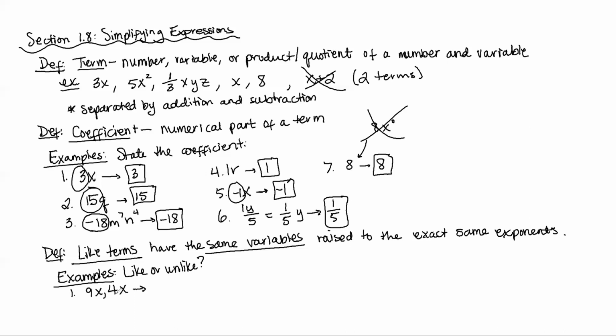Even if they have different coefficients, because the x's are exactly the same, then we have like terms. Number 2, if we're given negative 8y cubed and 12y squared, they both have a y, but because one is cubed and one is squared, these are unlike terms.